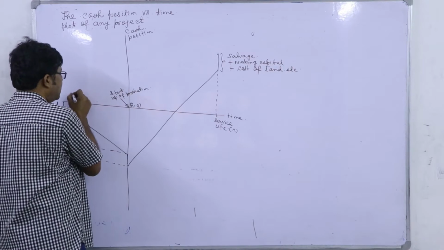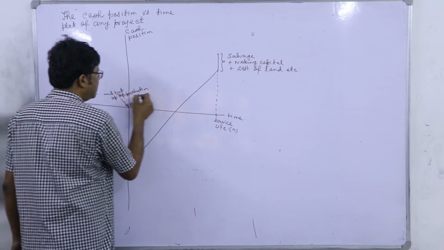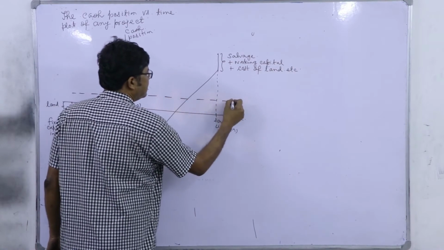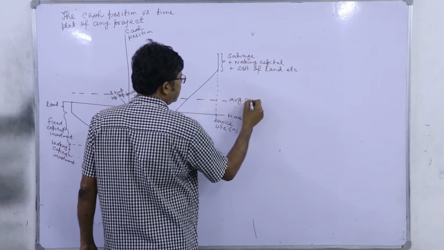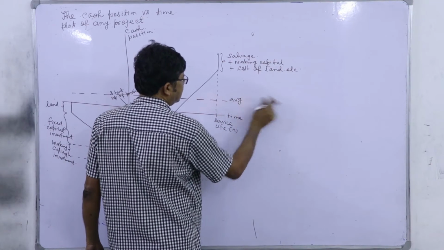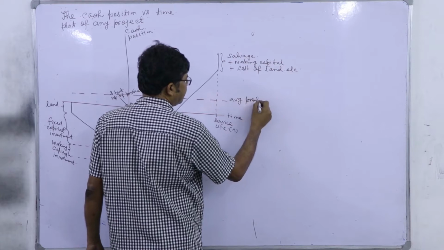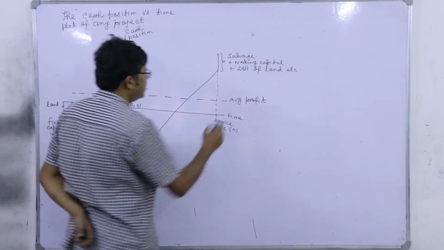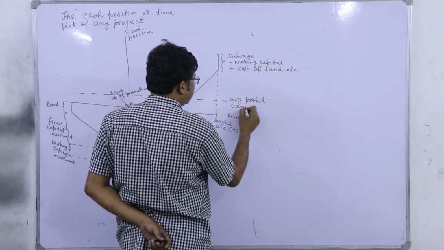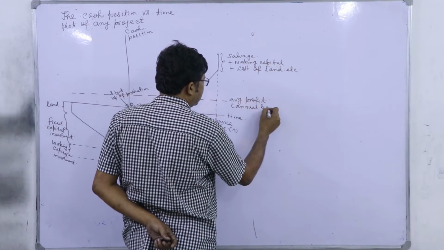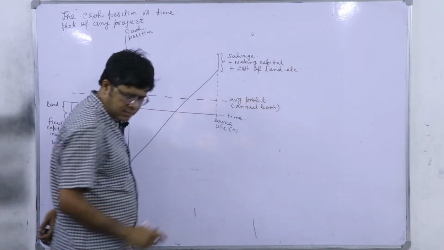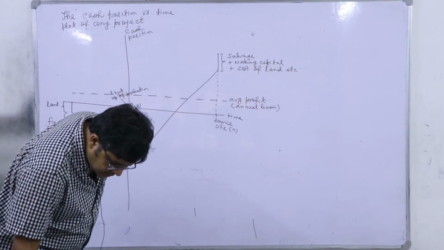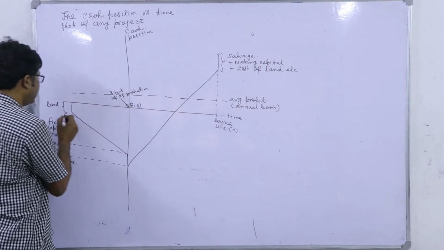So, the average annual profit may be somewhere here, the average profit on an annual basis, and here the average initial investment.